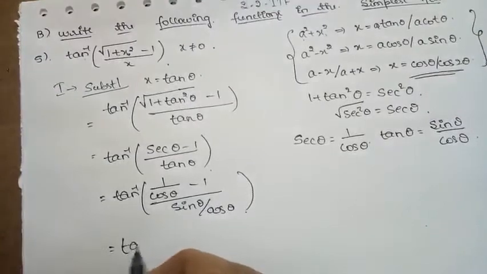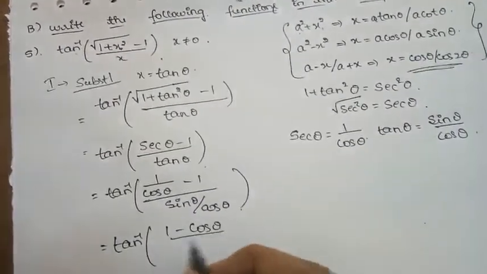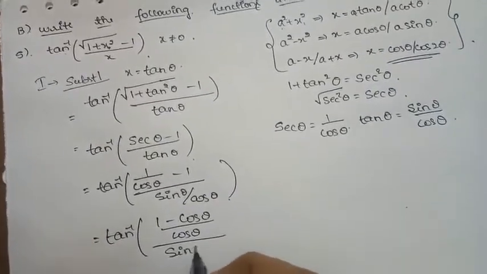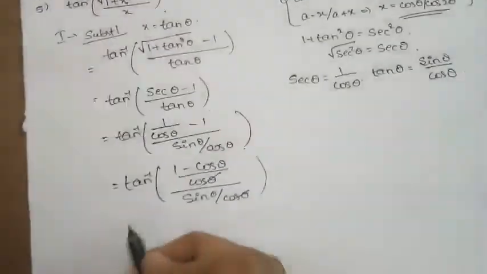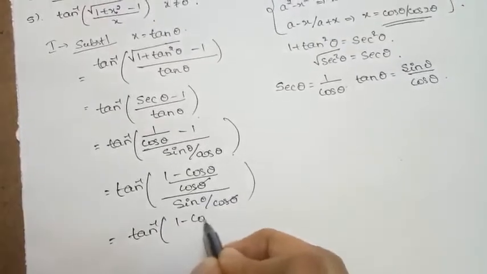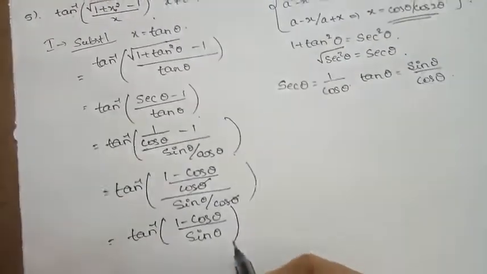In the numerator, by taking the LCM, we get 1 minus cos theta divided by cos theta. In the denominator we have sin theta by cos theta. Clearly cos theta cancels, and we have tan inverse of (1 minus cos theta) divided by sin theta.